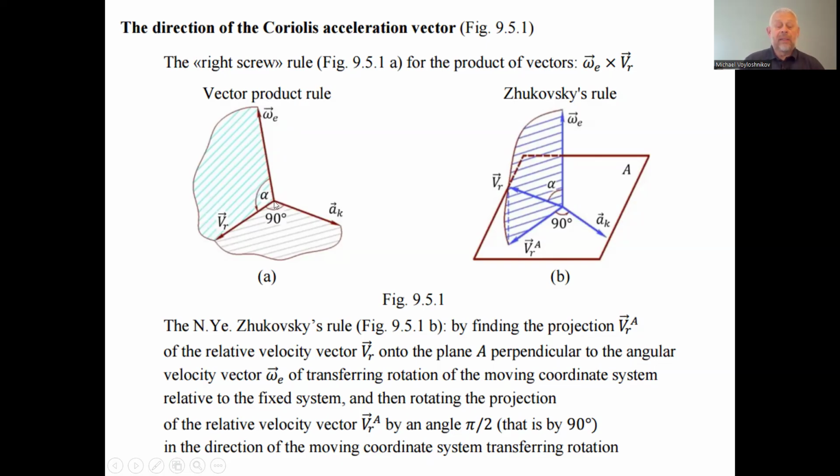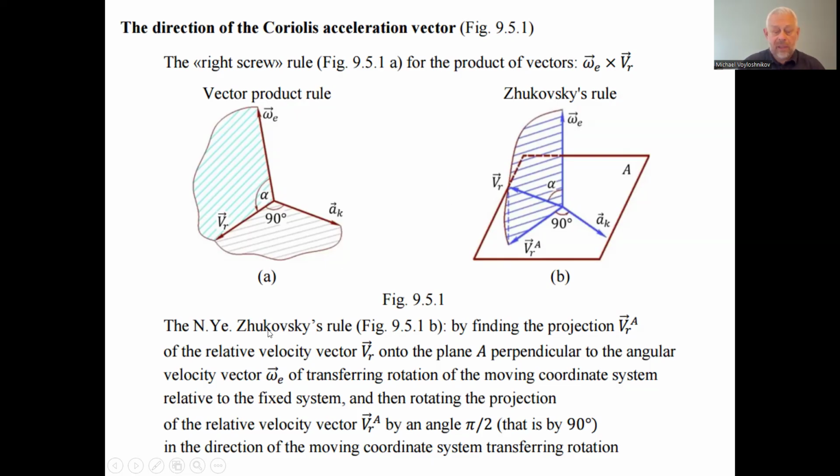At the common beginning of these two vectors, we can find the perpendicular direction if we rotate the vector of the transfer angular velocity to the vector of the relative translational velocity of the point. The right screw, when it rotates, moves in the positive direction of the vector of the Coriolis translational acceleration.